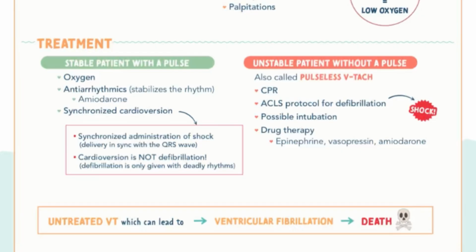So in VTAC, just remember if the patient has a pulse, we go with cardioversion. If the patient has no pulse, we start defibrillation. Untreated ventricular tachycardia can lead to ventricular fibrillation, and that can lead to permanent death. So always treat ventricular tachycardia.